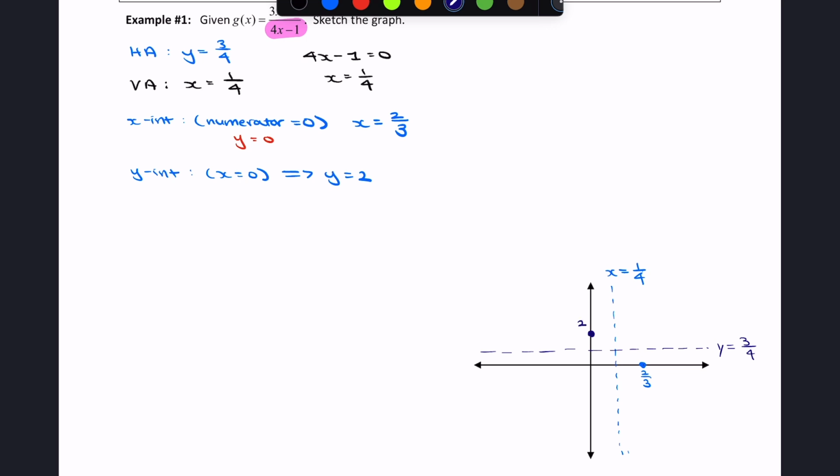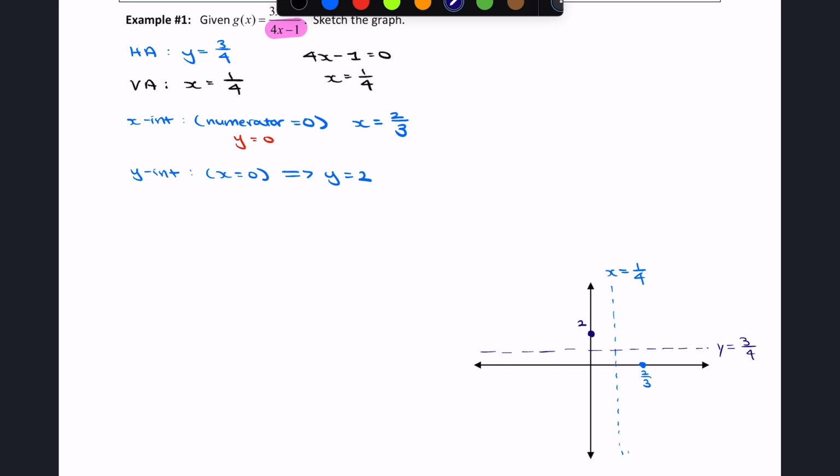We know that in the top left quadrant, the function will have to pass through the y-intercept and then get close to the vertical asymptote. And then on the bottom right as well, we know here that it will have to pass through the x-intercept of 2 over 3 and then get close to the horizontal asymptote of 3 over 4.